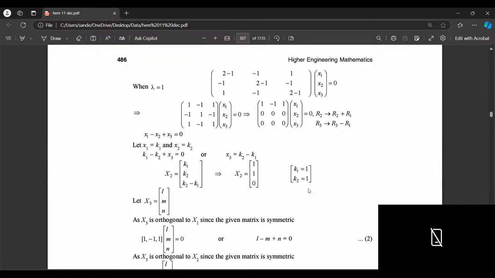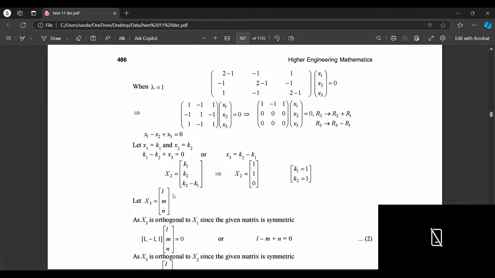Let x3 be the eigenvector L, M, N. Since the given matrix is symmetric, x3 is orthogonal to x1 and x3 is orthogonal to x2.